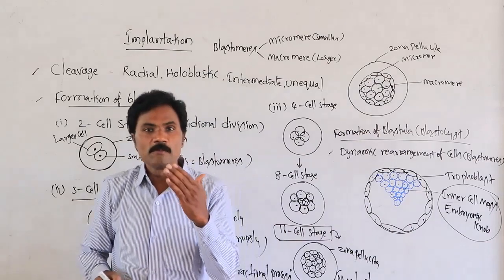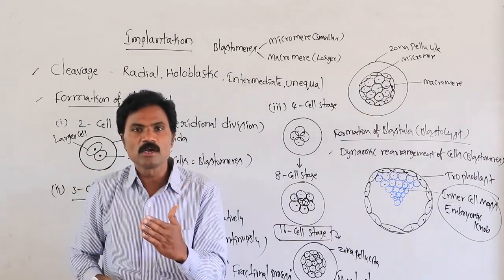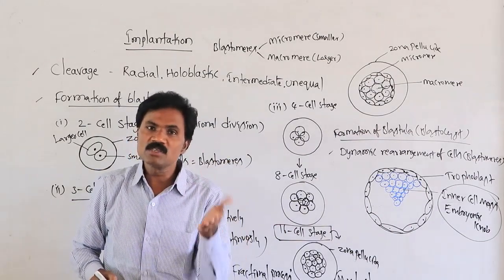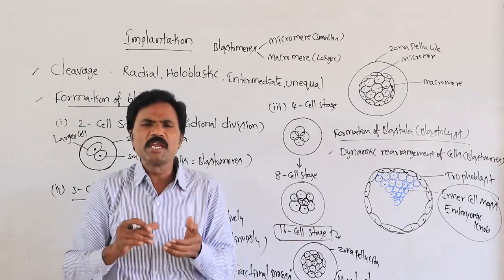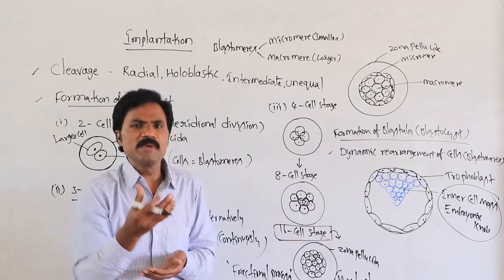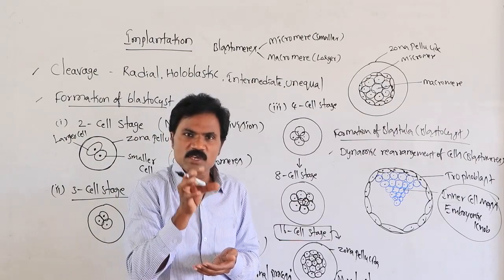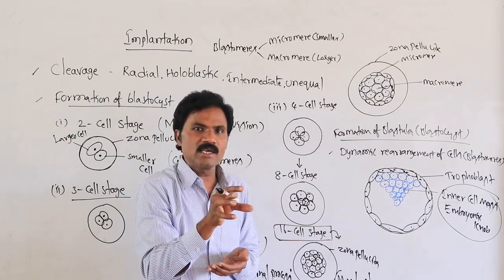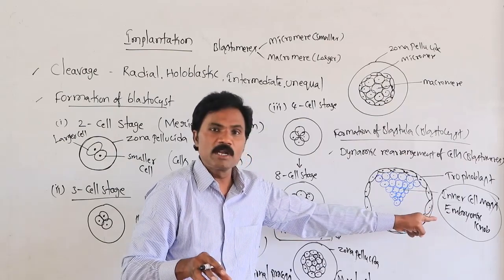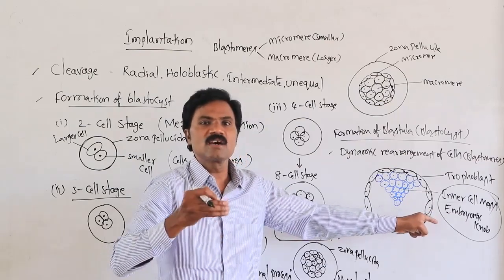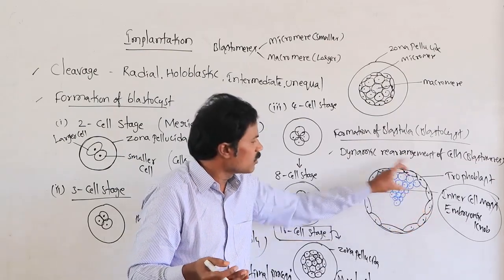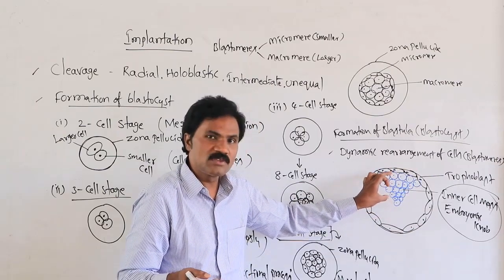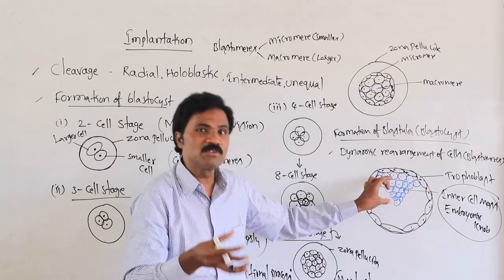Which type of blastomeres act as the embryonic knob? Either macromeres or micromeres; remember either one. Macromeres act as that inner cell mass. In future it acts as the embryonic knob, that means it is a precursor of the embryo. Why? Because it acts as the stem cell.